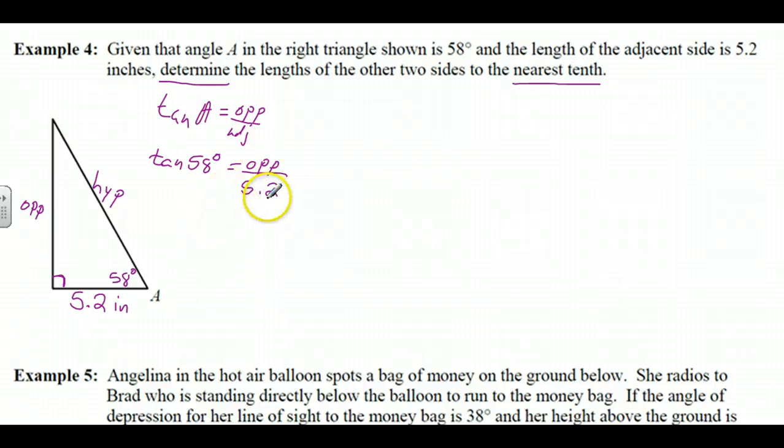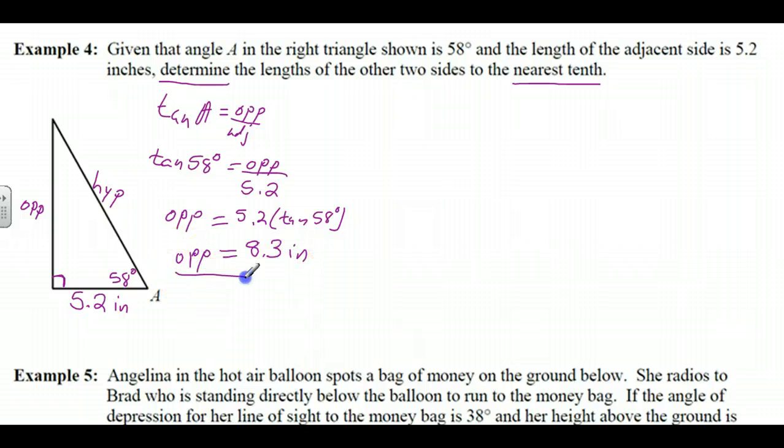And we're not putting units here, right? I mean, we will bring the units back in at the end. The opposite side is equal to, we'll multiply both sides by 5.2, so it'll be 5.2 times the tan of 58 degrees, which, rounded to the nearest tenth, is 8.3. Units come back in now, 8.3 inches. So we have the opposite is 8.3 inches.